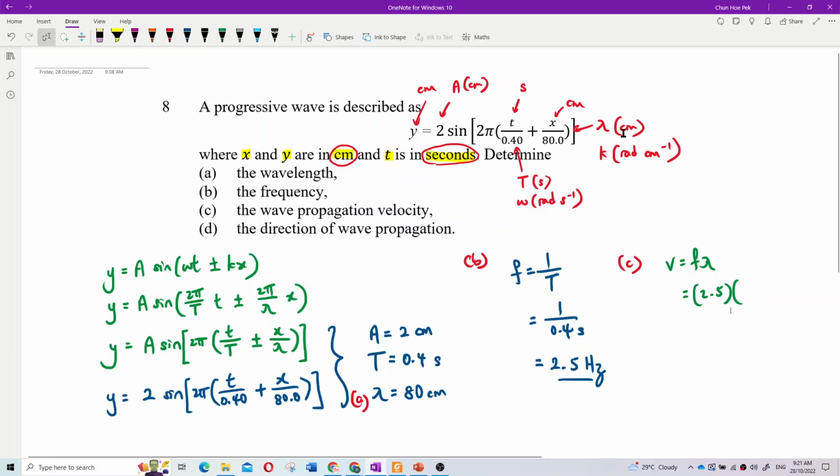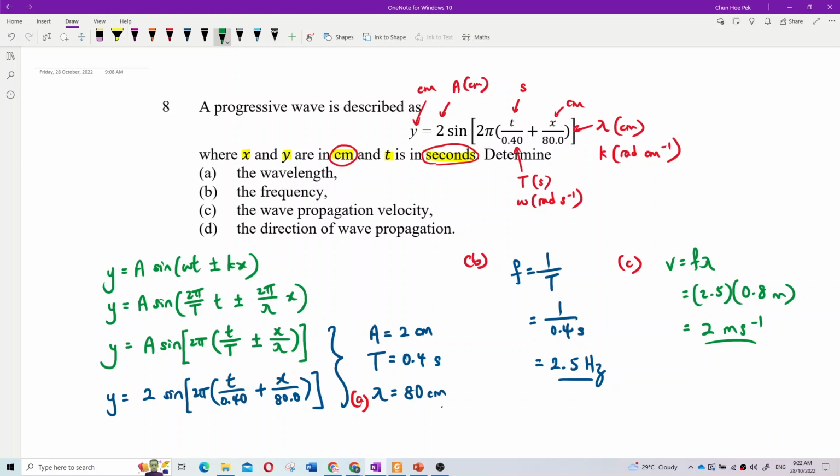Lambda is in centimeter because x is in centimeter, so our value is also in centimeter; lambda is 80 centimeter. You can change it to meter also: 0.8 meter. So what is this value? 2 meter per second, because we changed to meter already.